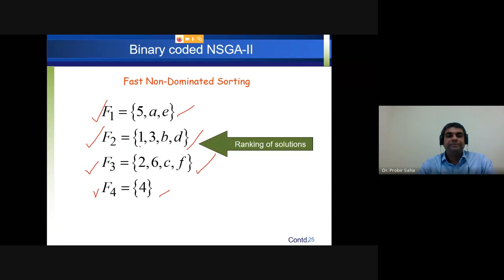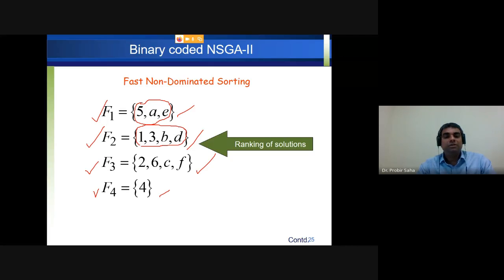Or I can say that any solutions lying on F1, F2, that is 1, 3, B, D, are better than any solutions lying on F3, F4, but they are inferior to any solution of 5, A and E. But again, I cannot say which solution is better than the other lying in F2 or lying in F1. So they are equally important.